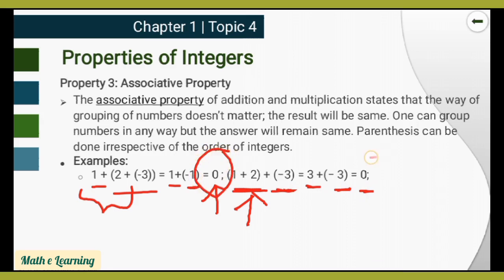Now check whether the answers are the same or not. So by changing the grouping of these numbers, we get the same result. That means grouping of the numbers does not change the result. That means the associative property applies to this addition.